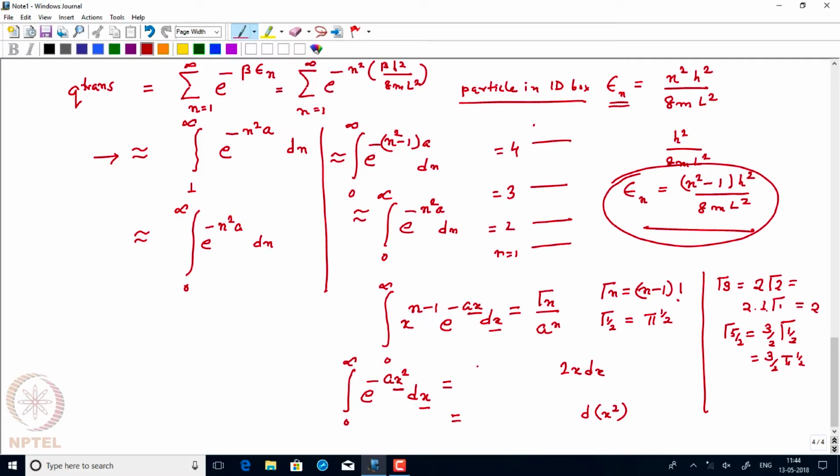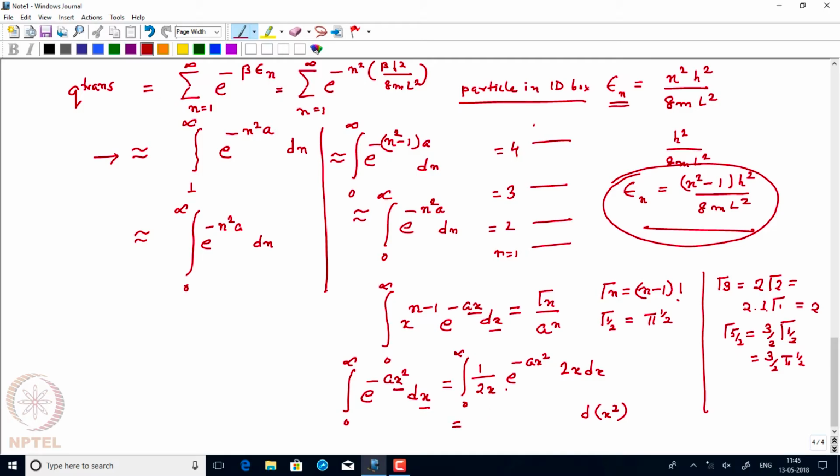So I have to introduce 1 over 2x in the integral, 1 over 2x e to the power minus ax square. I have just divided and multiplied the entire thing by 2x.